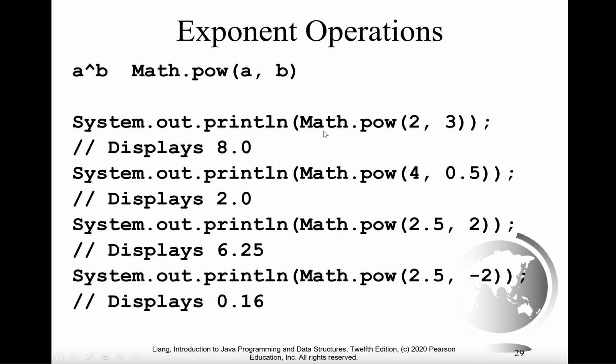For example, Math.pow(2, 3) is 2 to the 3, and this Math.pow(4, 0.5) is 4 to the 0.5, and the result is 2.0.